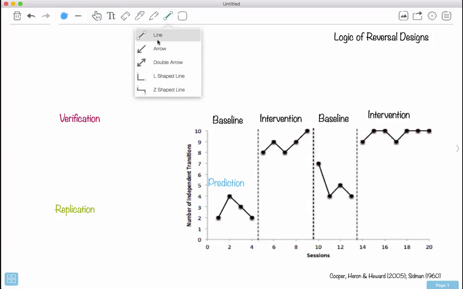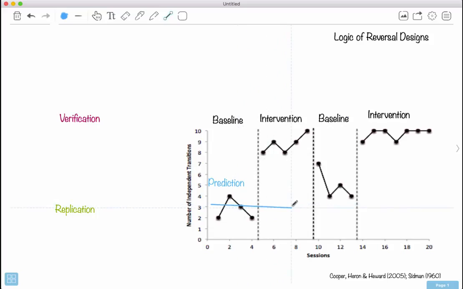Okay, so if we didn't intervene, this behavior has a pretty flat trend, okay, and we presume that it would just continue in this way or potentially reduce over time, okay, without any type of intervention.